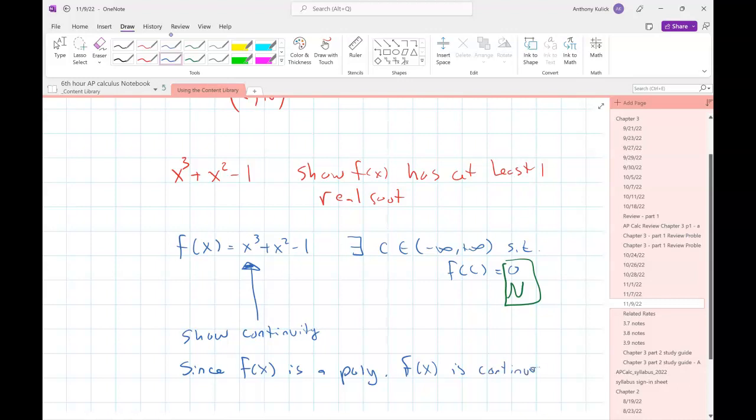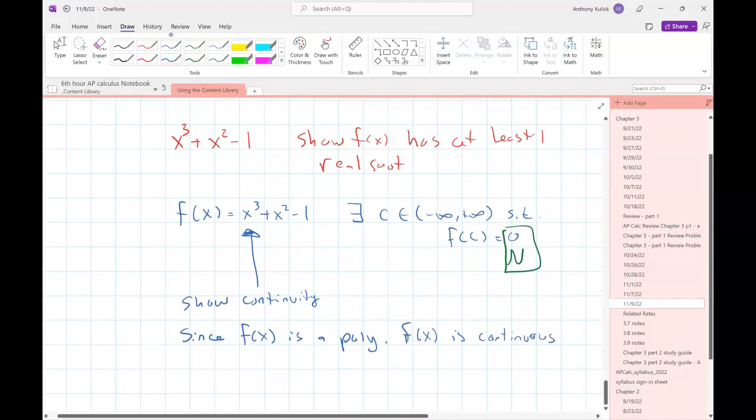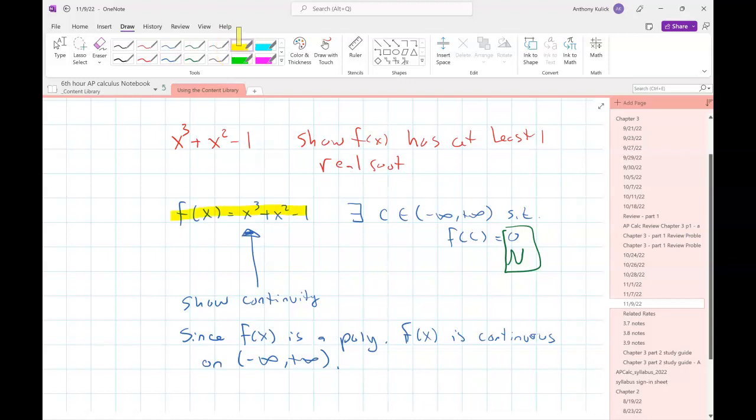And you'd say continuous on its domain, which is, yeah. So we're continuous everywhere. Fantastic. Now what I would need to do is I need to show that this thing takes on a negative value somewhere and a positive value somewhere.